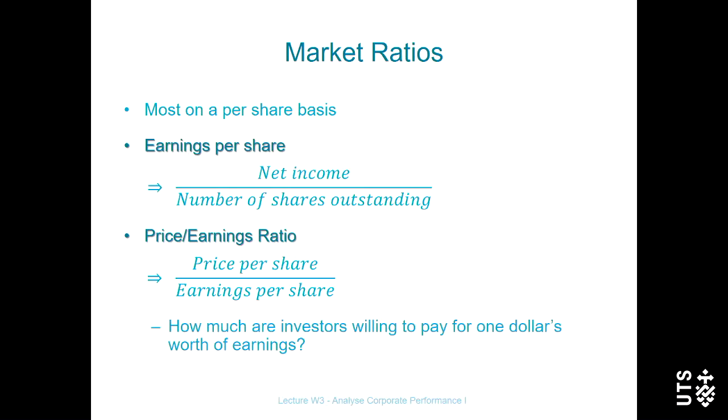Price earnings ratio, and we will come back to this, brings a new dimension to this analysis. Because so far we've been using measures from the income statement and the balance sheet. Whereas when you do a price-earnings ratio, the earnings per share are coming from the income statement, because it's your net income divided by the number of shares outstanding. But where is price coming from?